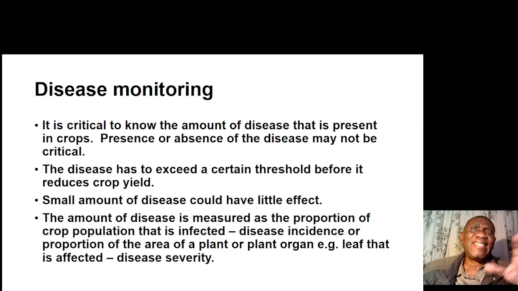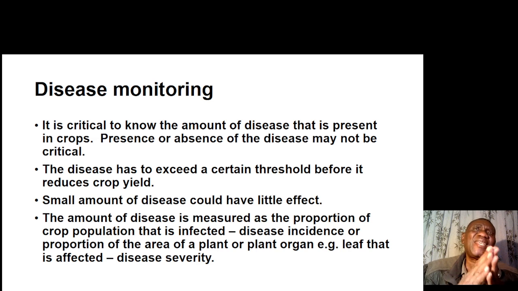If we are looking at the population of plants in a field and we try to estimate the number of plants which have been infected, it could be 50%, or less than 50%, 60, 30%, and so on. That is actually pointing at disease incidence.